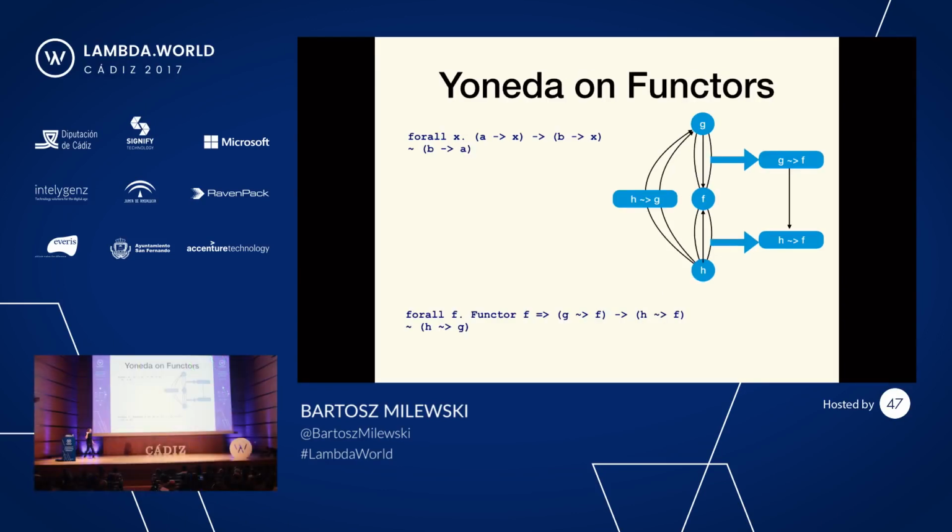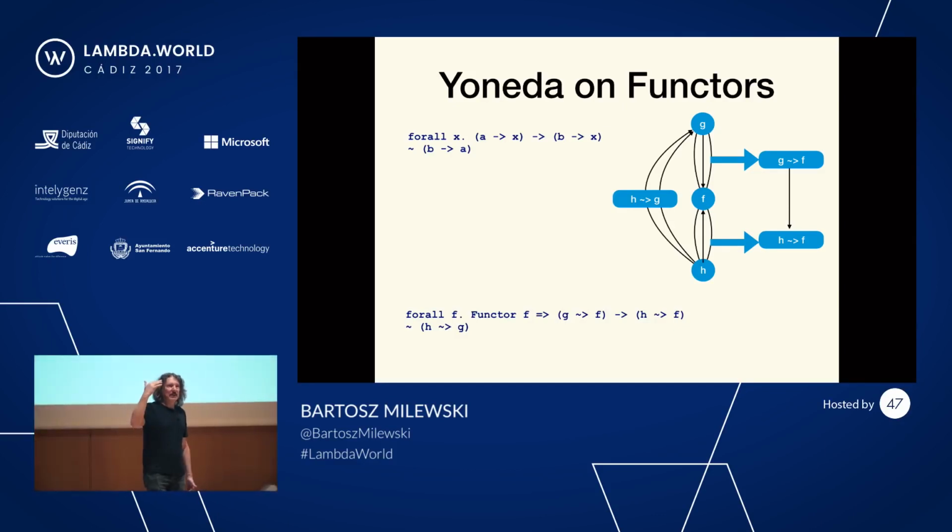And now, remember, I wanted a polymorphic thing that's polymorphic in profunctors. So let me make the next abstraction and say, okay, how can I use a Yoneda lemma so that the for all actually takes a functor rather than a type?